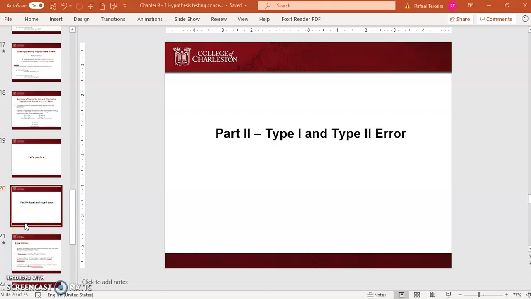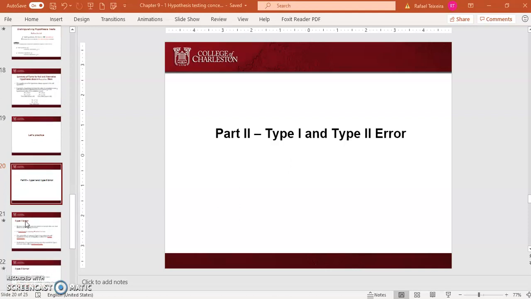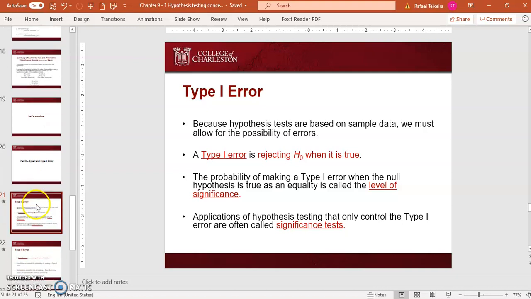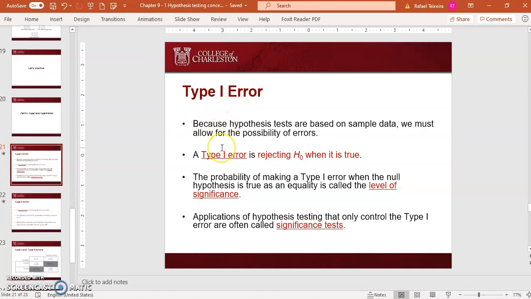Hi, this class is to talk about type 1 and type 2 errors in hypothesis testing. Let me tell you what type 1 error and type 2 error is. Remember, in hypothesis test we have null hypothesis and alternative hypothesis.